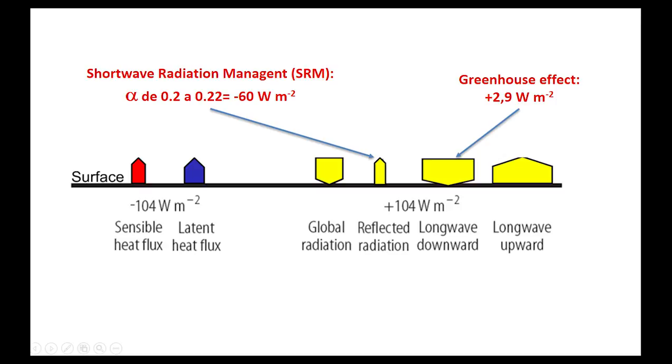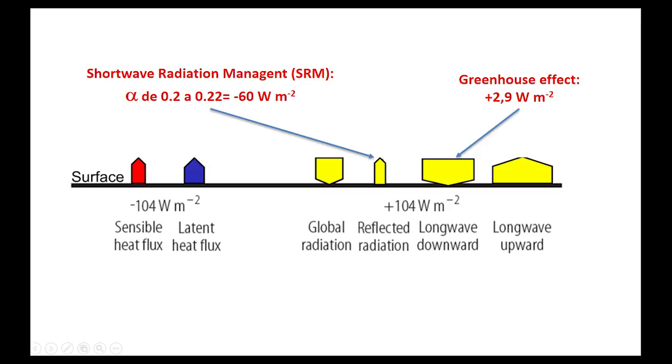Now, on average, we are around 0.14, but if we change this 14% of light which is reflected from 14 to 15, or as I wrote here, from 20 to 22%, we can reduce very much the load of the sun on the planet. And this may have tremendous consequences.